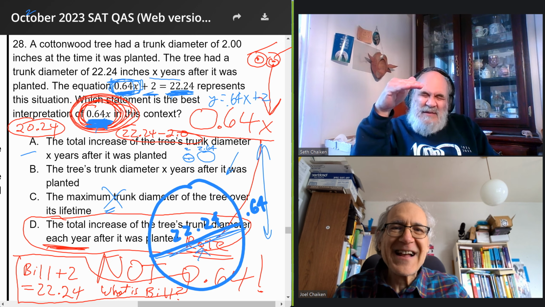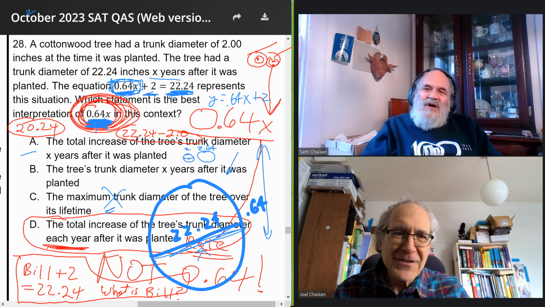This is not the height, it's the diameter, the thickness. Again, it's at the beginning.